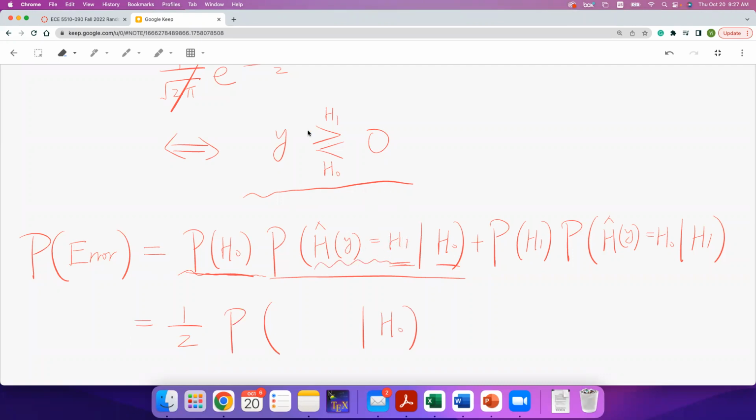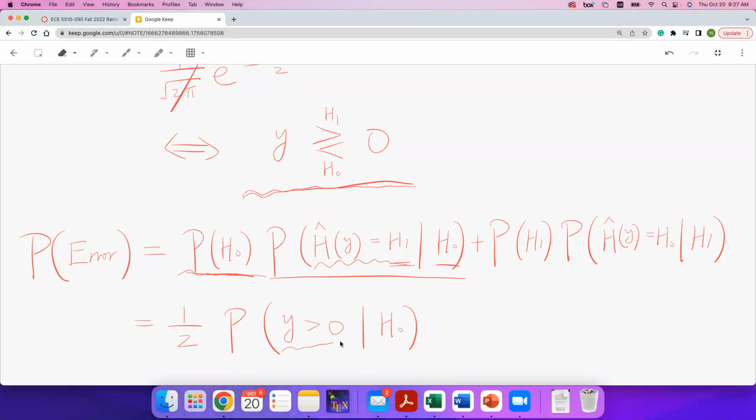So we go back to the decision rule. In order for the decision rule to decide H1, the observed signal must be positive. So this event is equal to y bigger than 0, because we will decide H1 whenever we observe a positive observation.